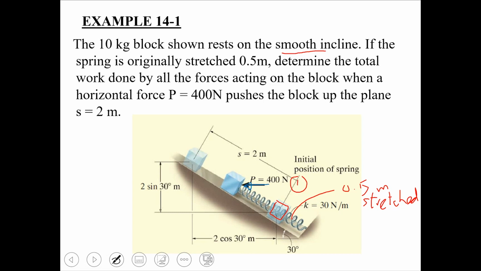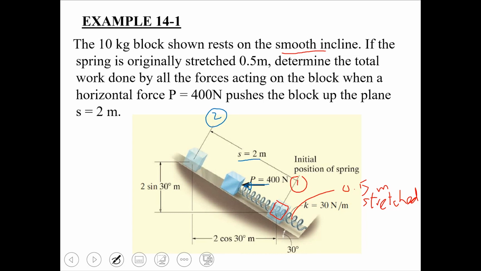As a result of this force, this particle is going to move up that incline. Once this particle has traveled a distance of 2 meters up that incline, that is our position 2.